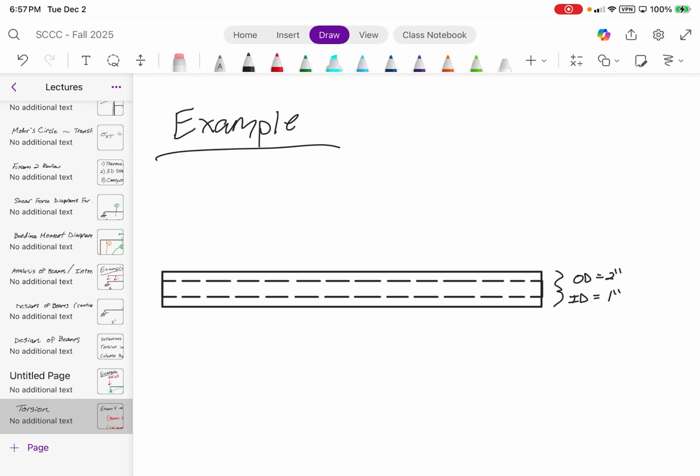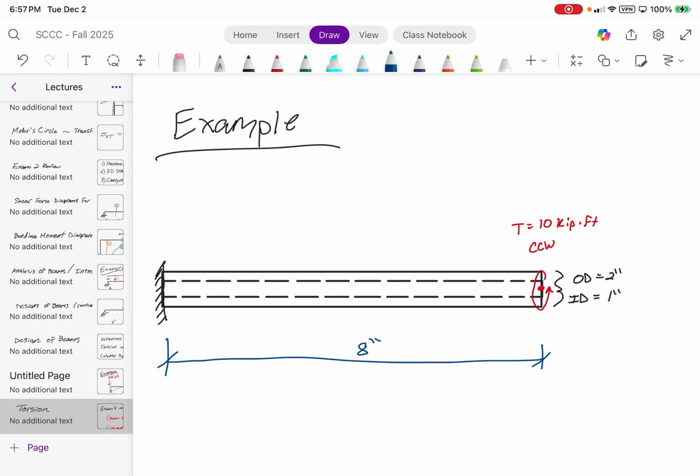And let's say it's fixed at this end here, and there is a counterclockwise torque of, let's say, 10 kip feet. And it has a length of around 8 inches.